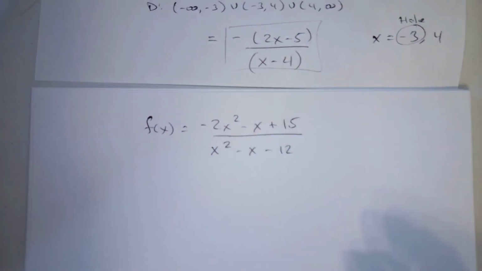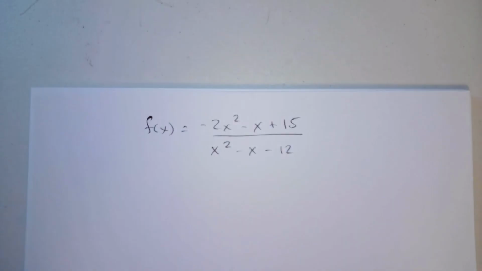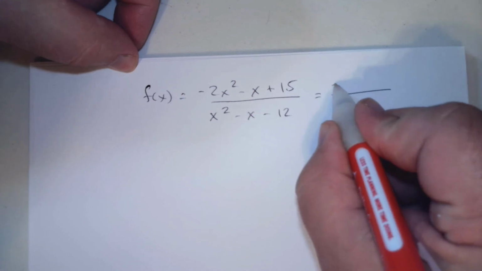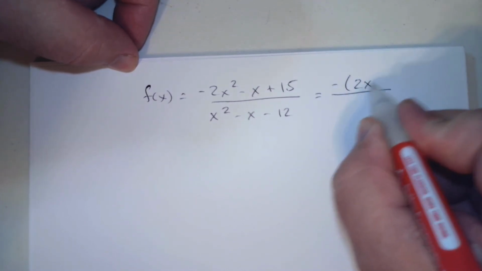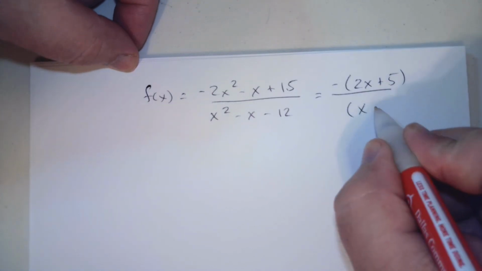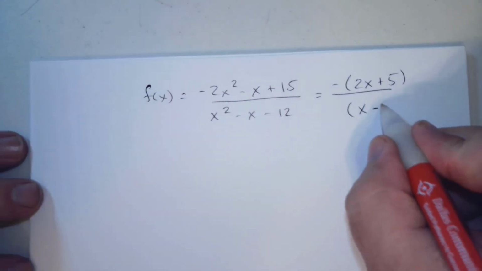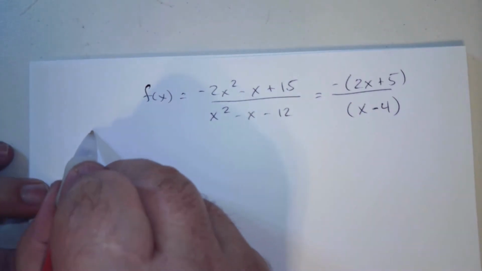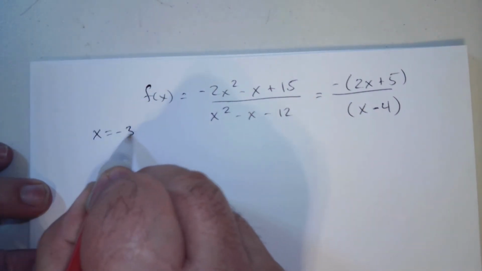We simplified this one to negative 2x plus 5, this one was x minus 4. We got rid of the x equals negative 3 part.